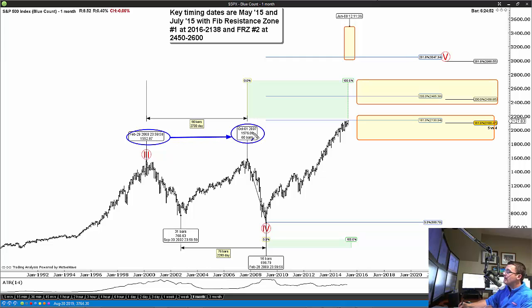If you go out from the 2007 high, add 90 bars, 90 months, another 2,700 days, that comes to, I believe, I'll have to look at the chart, I think it's June. So from high to high to high, we have perfect symmetry, and it's right here at this 100% level.